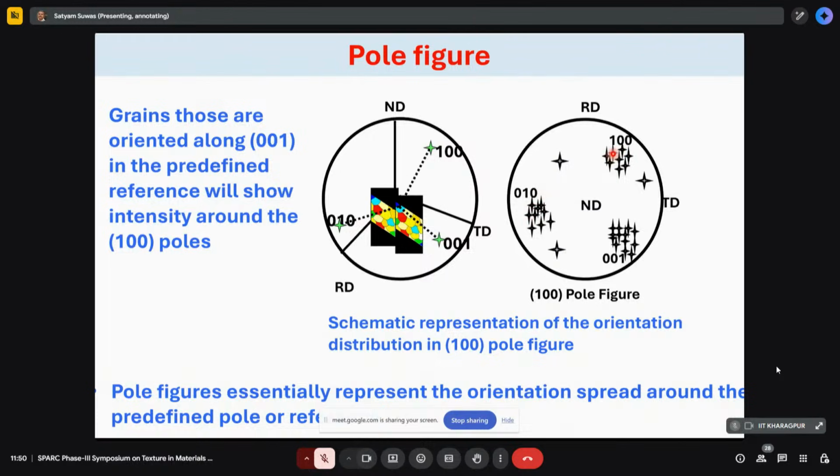You will realize these are the orientations which are closer to a specific orientation, like 001, 100, 010, and you can get these clusters of orientation.